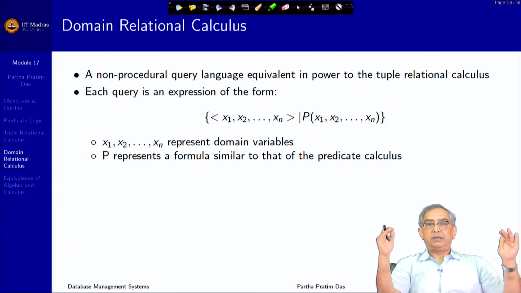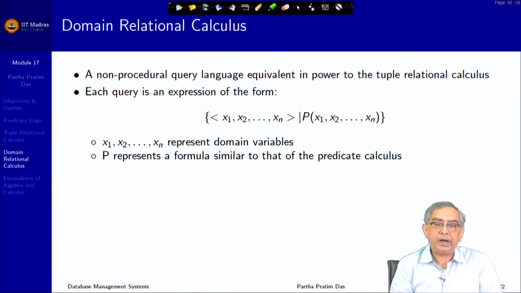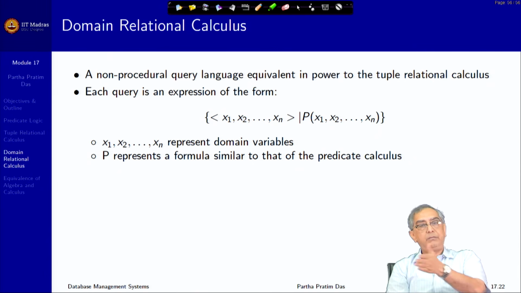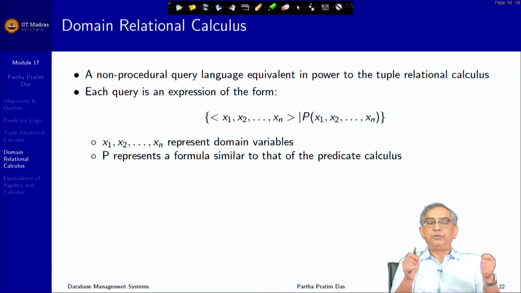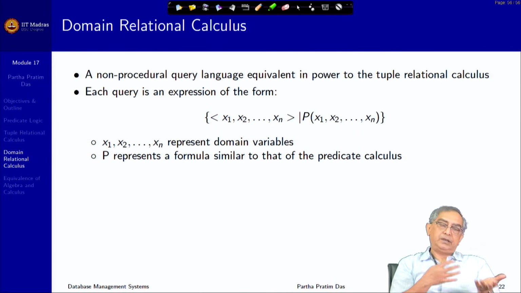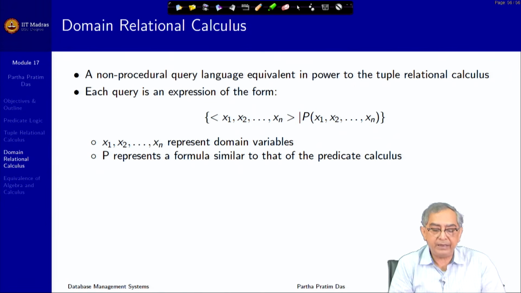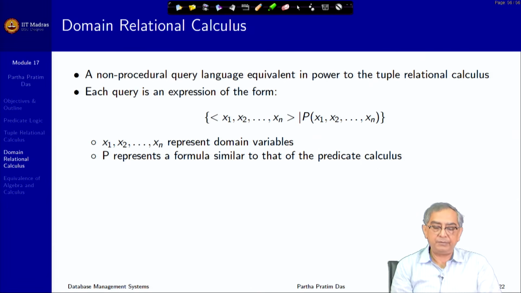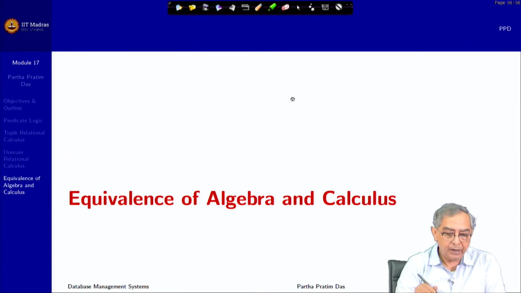So, if I have an n-attribute tuple, then in tuple relational calculus, I will call it T. In domain relational calculus, I will call it the attributes x1, x2, xn. So, it is just a different way of syntactically writing things, which makes it different. Conceptually, there is absolutely no difference between the two of them.